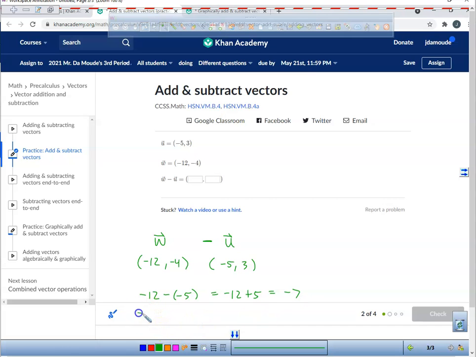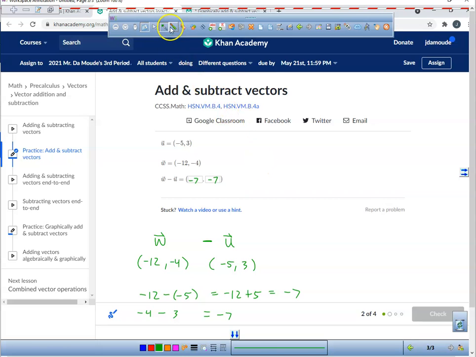What's the other one? -4 minus 3 more, and that gets me another -7. So luckily for me, I get to put -7 and -7. But you have to make sure things are in order.